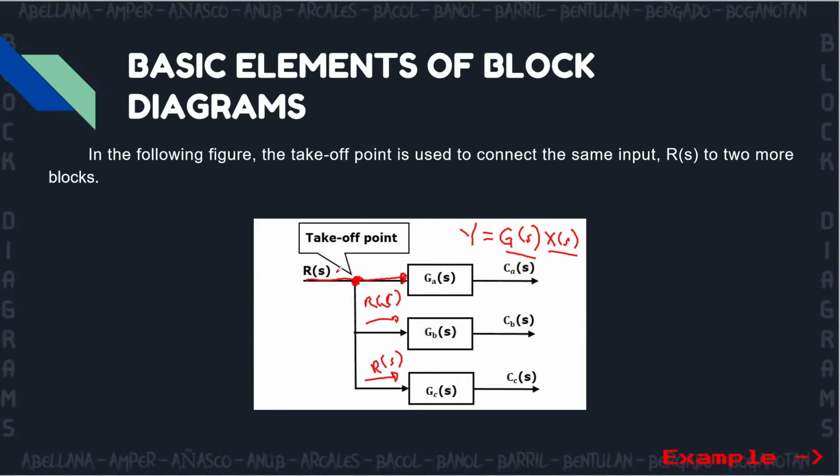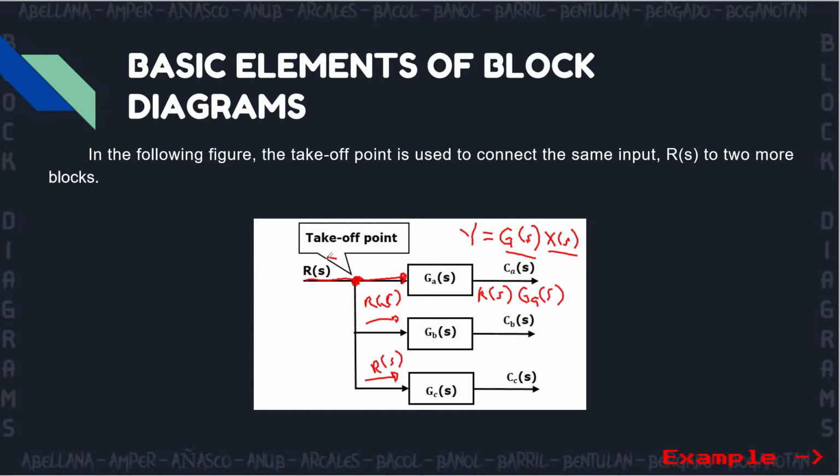So the output in this would be R of S, G sub A of S, because the output will be the product of the transfer function and the input.